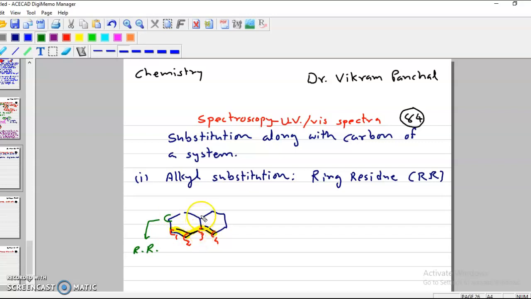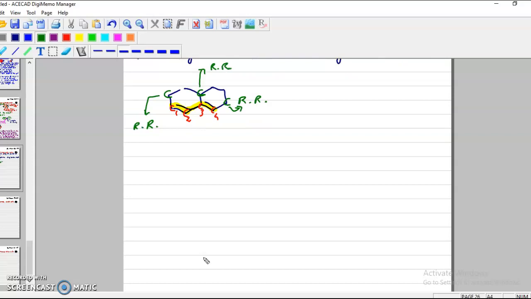C3 is attached to this carbon, which is not in the system, so it is also called ring residue. Next, C4. C4 is attached to this carbon, which is also not part of the system, so it is also known as ring residue. So this way, you have to find out ring residues.